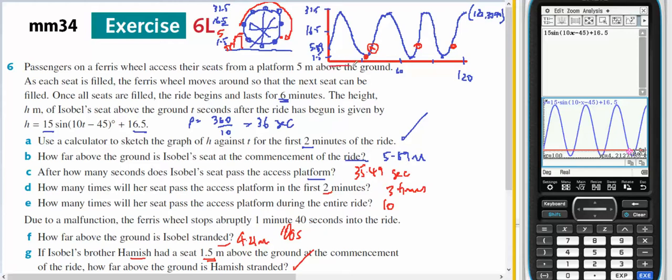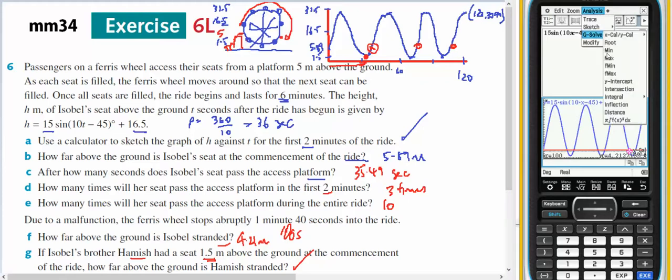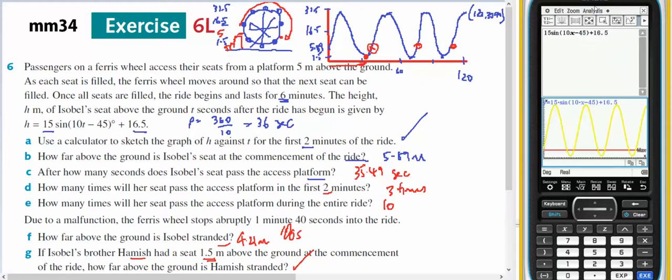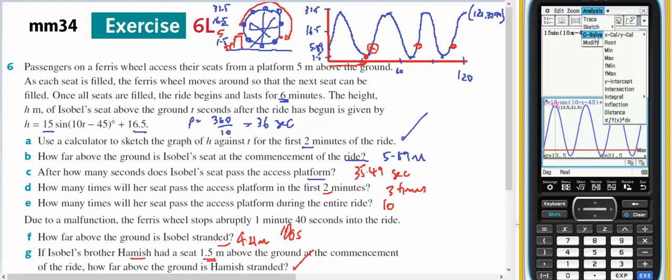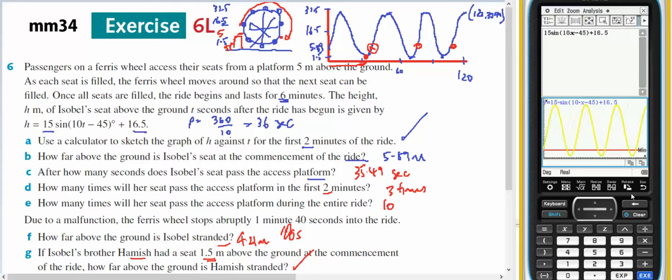So how long does it take to get to the bottom? So if I do analysis, G-solve minimum, execute, analysis, G-solve minimum, and yes, I want the first curve, 31.5 seconds.